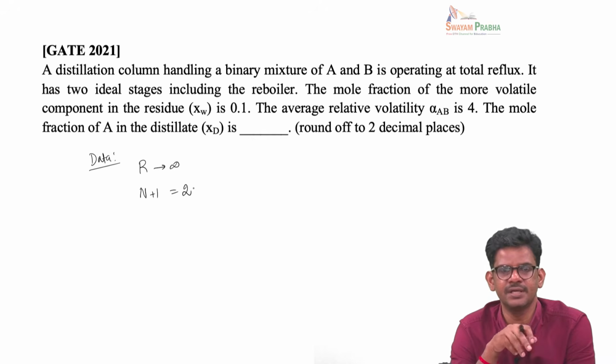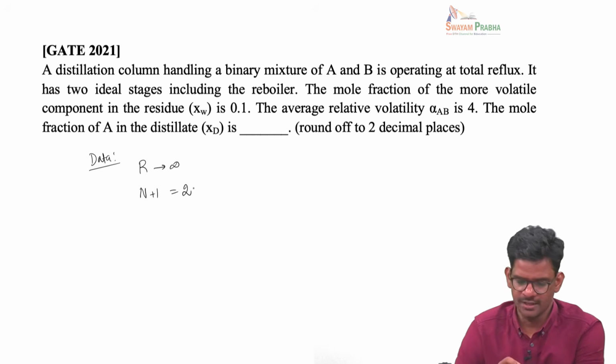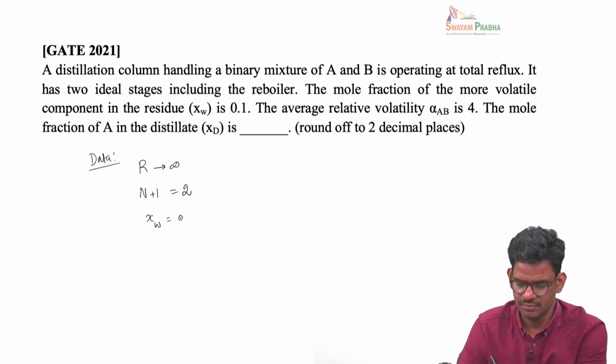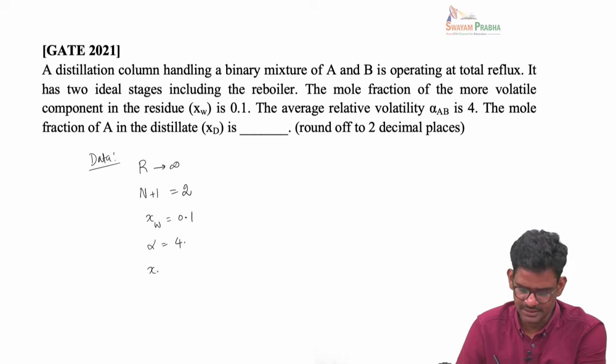Basically, the reboiler itself is a stage, so actually there is only one plate and one reboiler, together two ideal stages. The mole fraction in the residue XW is 0.1 and alpha is 4, and we need to find what is in the distillate, that is XD.